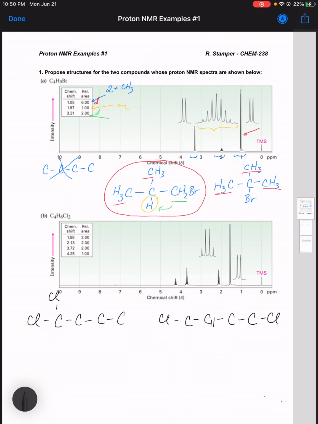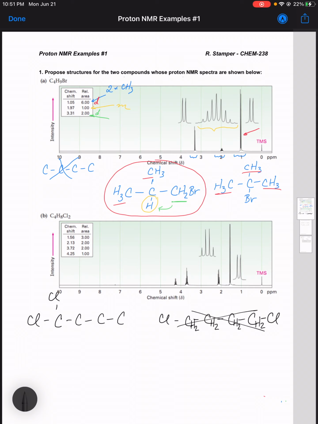The hydrogens on carbon 1 and carbon 4 would be electronically equivalent, and the hydrogens on carbons 2 and 3 would be equivalent too. From this molecule, we would only get two signals: one that's quite shifted based on being connected to the chlorine, and one that's less shifted for those middle hydrogens. So symmetry's got to be out.